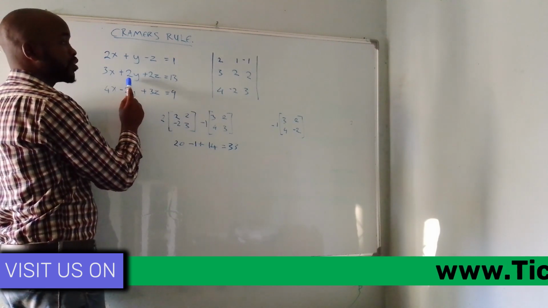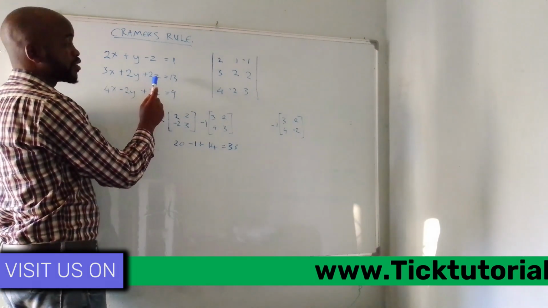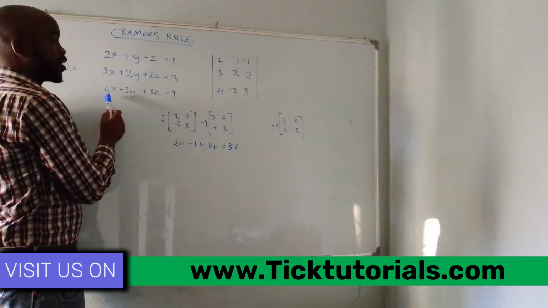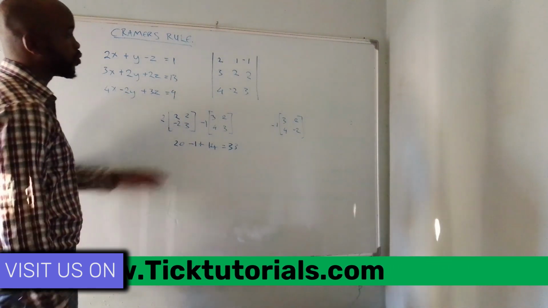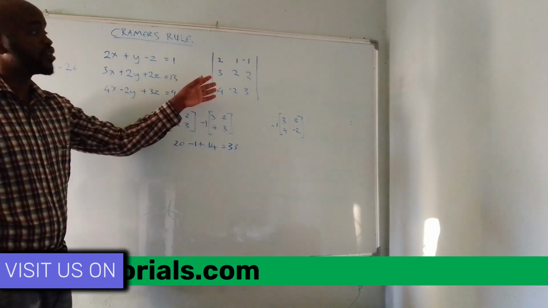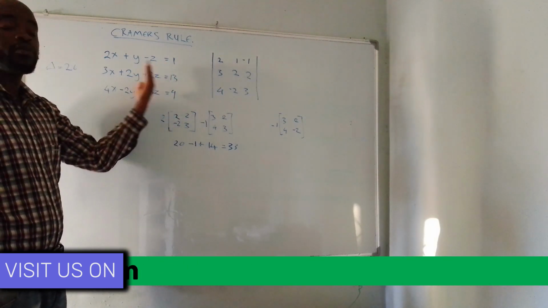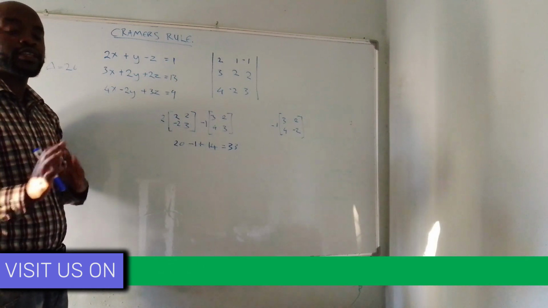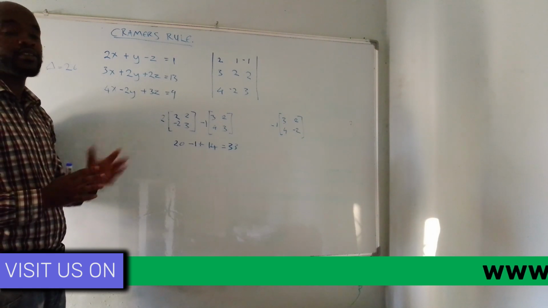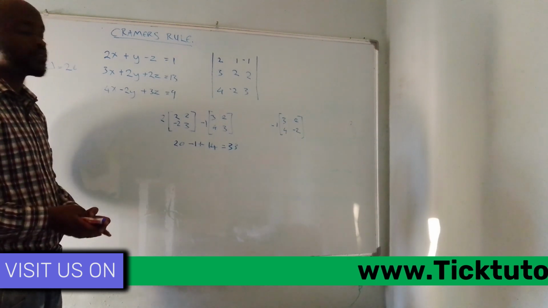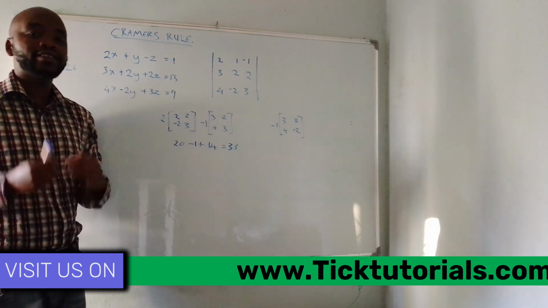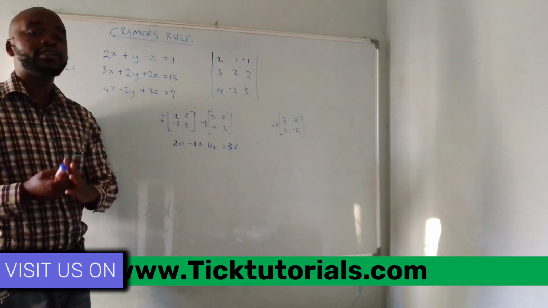Coefficient of y, which is 2. The coefficient of z, which is 2. And so on and so forth. So we've made this matrix which is made up of the coefficients of the variables on the left hand side of these equations. After that, the next step is to find the determinant of this matrix that we have made.